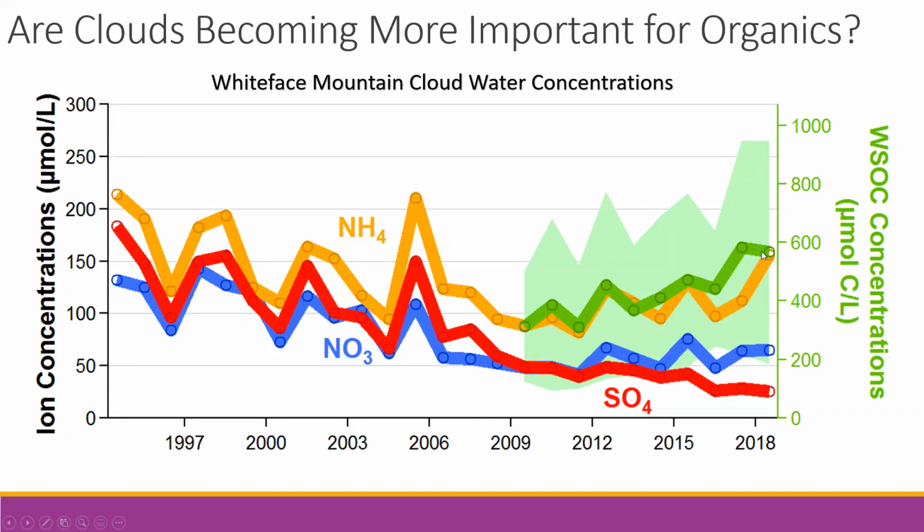So not only is the organic fraction becoming more important on the aerosol, we might be seeing more organic carbon in our atmosphere also. So understanding these formation processes is possibly becoming more important, and we're not really sure why water-soluble organic carbon is increasing in our cloud water. It could possibly be due to increasing wildfire activity in the western United States, but as of right now, we don't have definitive proof of that.